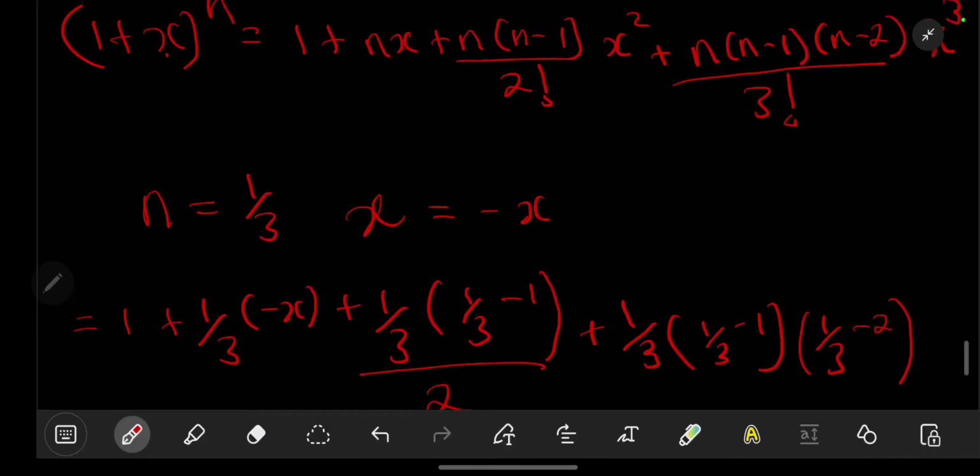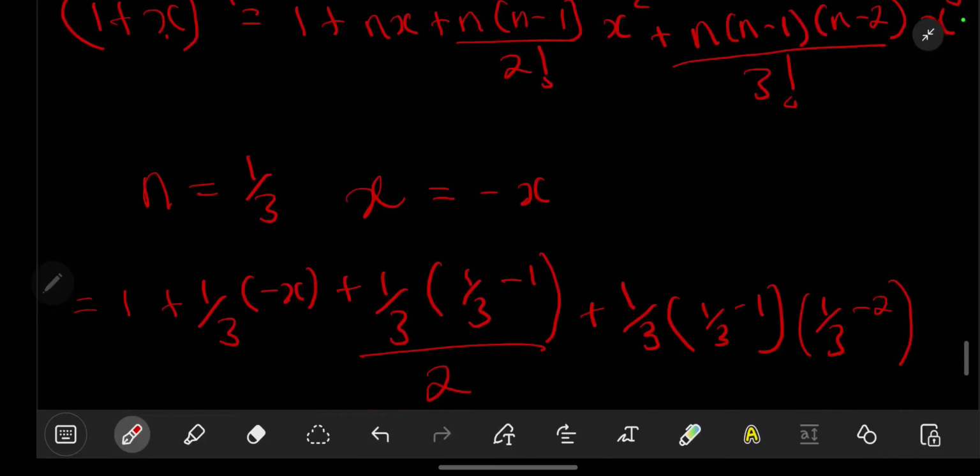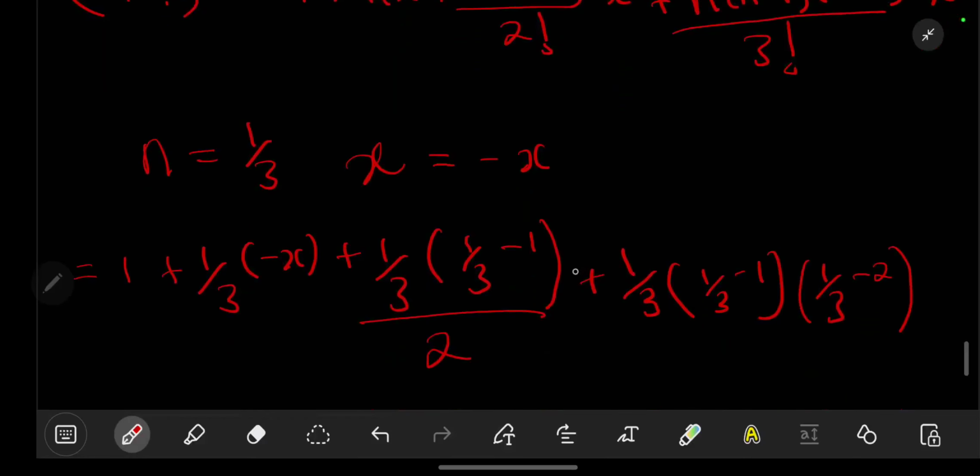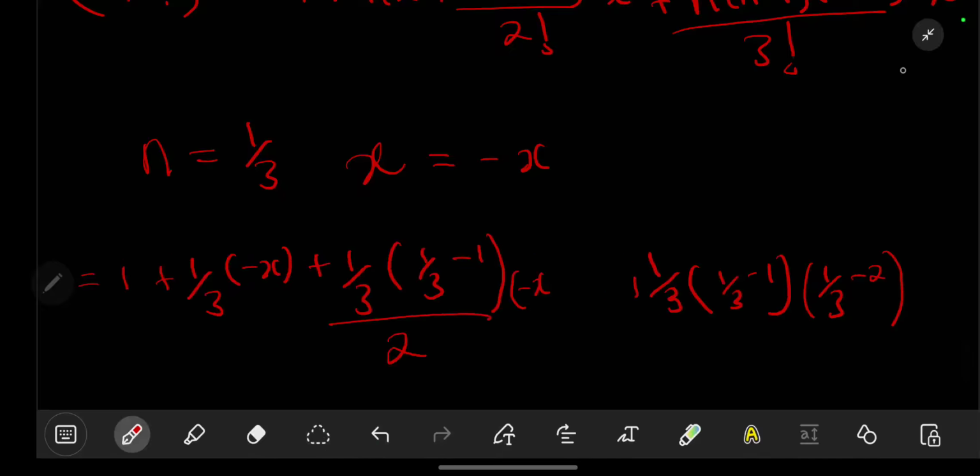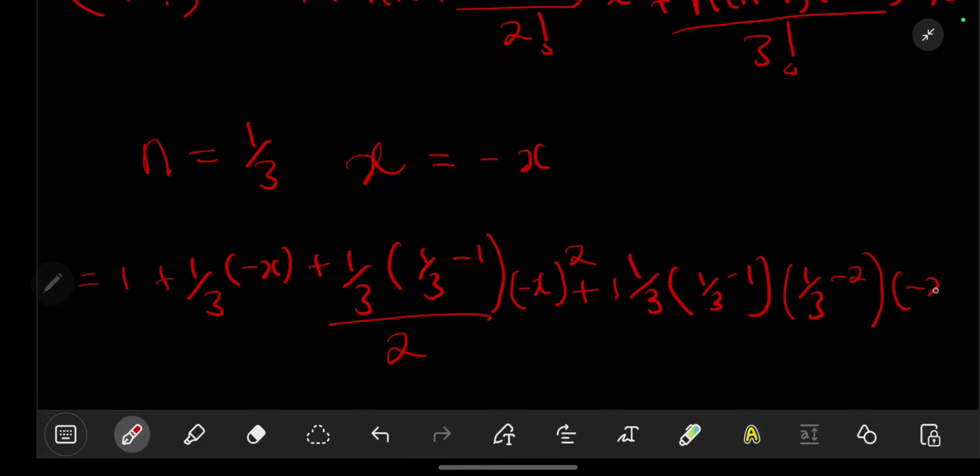Then I haven't put my x here, so I was supposed to put, so we have squared. Then we are going to have negative x to the power of 3.